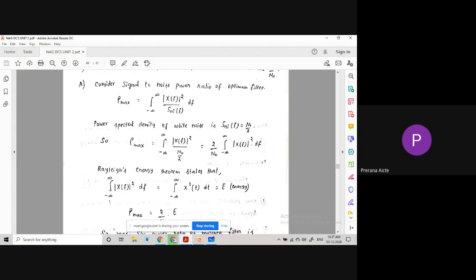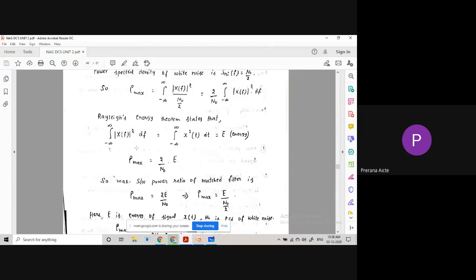The power spectral density of white noise, we know, is N0/2. On replacing the power spectral density of white noise with N0/2, what we get? Rho max equals 2/N0 times the integral from minus infinity of |X(f)|².